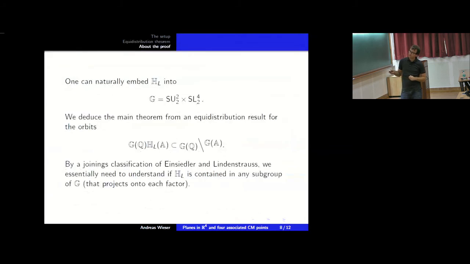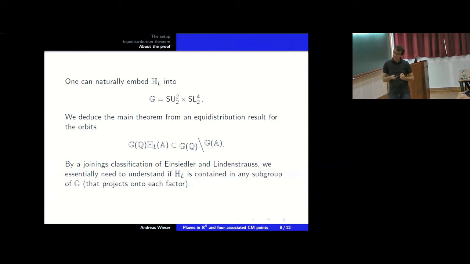So what this says is that if you take a sequence of subspaces L and you look at the weak star limit, the weak star limit is going to be a joining, okay? And so we can apply the joinings classification and find the Lindenstrauss result that I mentioned earlier.